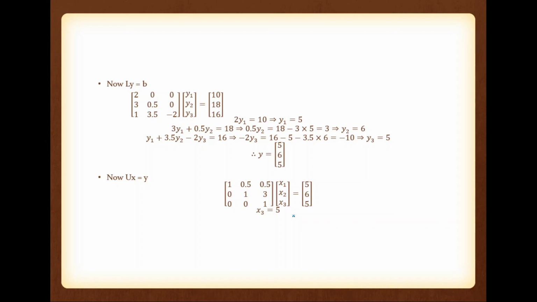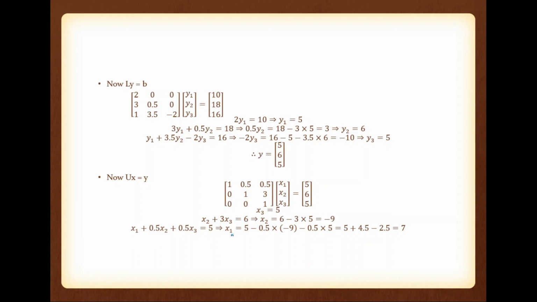Then take the second last row. That is 1 into x2 plus 3 into x3, that is x2 plus 3x3 equal to 6. So we can write x2 equal to 6 minus 3 into x3. That is 3 into 5. We have minus 9. So directly x2 equal to minus 9. Now take the first row. x1 plus 0.5 into x2 plus 0.5 into x3 equal to 5. Right?